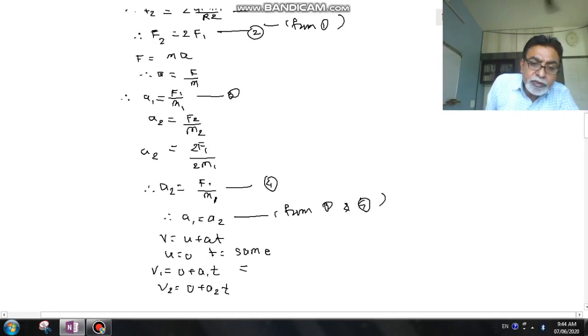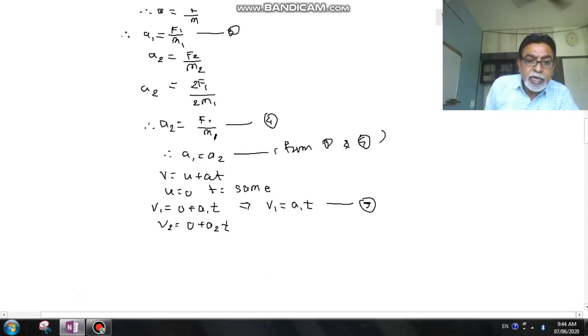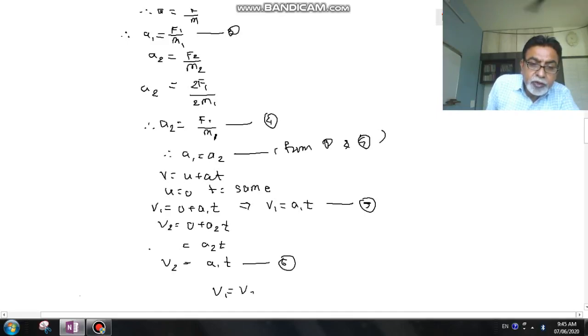So v1 is equal to a1t, let us call this equation number 5, and v2 is equal to a2t, and a1 is equal to a2. That's why we can write here v2 is equal to a1t. Equation number 6. And from 5 and 6 we can say that v1 is equal to v2.